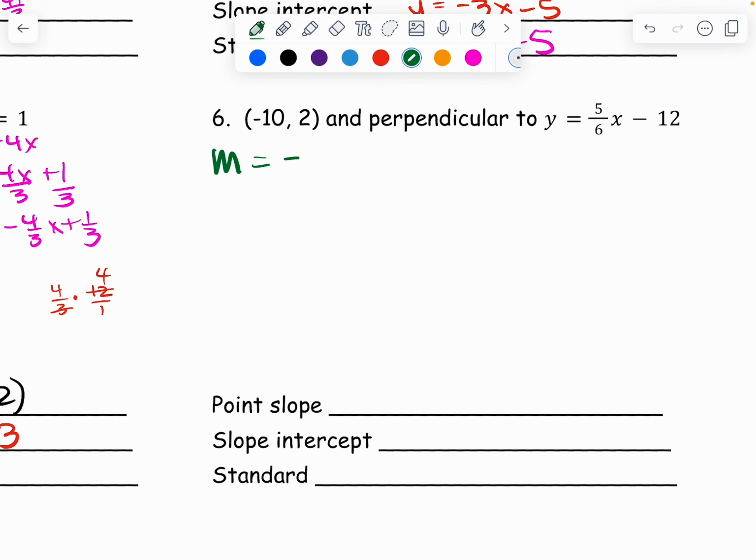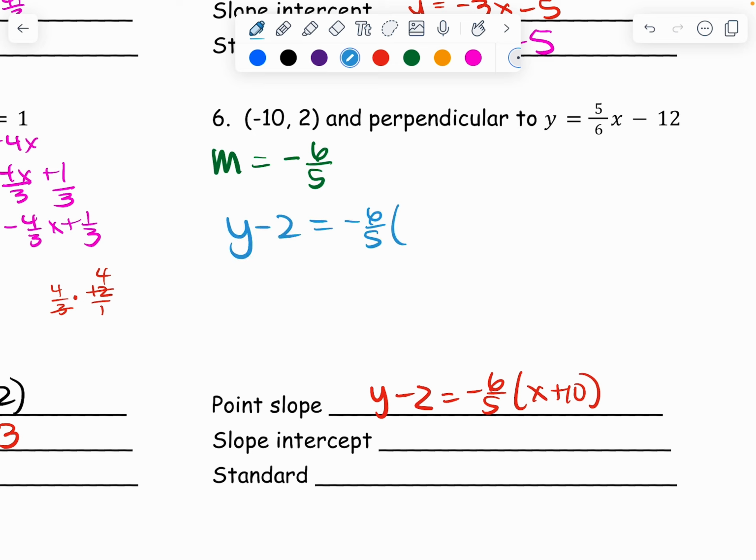Opposite reciprocal, so negative 6/5. So that's going to give me y minus 2 equals negative 6/5 times the quantity x plus 10. Then I'm going to multiply that through. y minus 2 equals negative 6/5x. And that's going to get me minus 12.